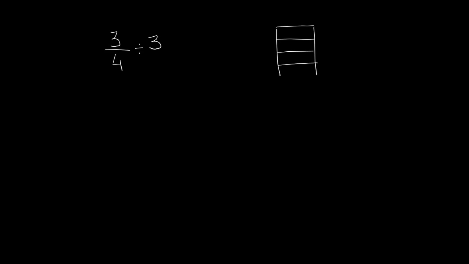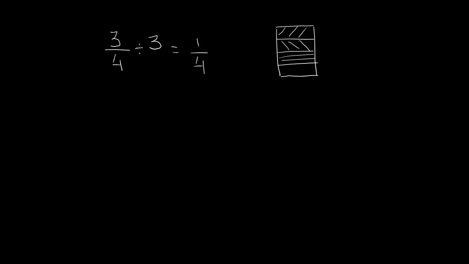So let's say we have 3/4, and we want to divide by 3. So clearly, if you have 3/4 and you divide by 3, the answer is 1/4, because each person will get a fourth. Okay, that's fairly easy.